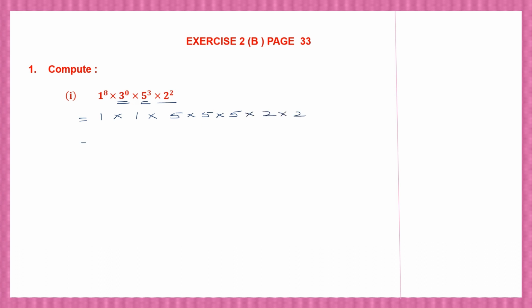Now when we work this out, 1 into 1 is 1. Now we multiply 5 into 5 into 5, which is 125, and then multiply these 2's. 2 into 2 is 4. So we have 125 into 4, which is equal to 500. So our answer to the first question is 500.